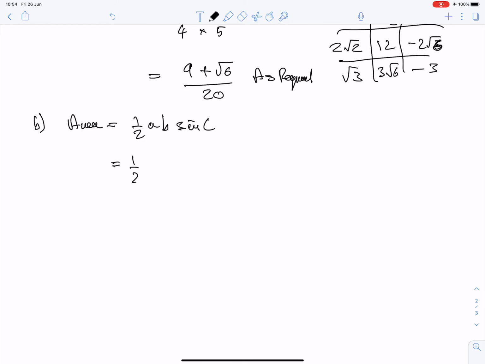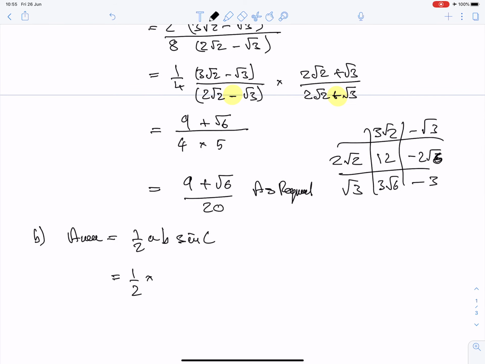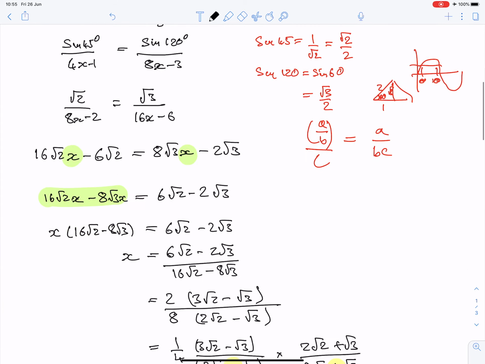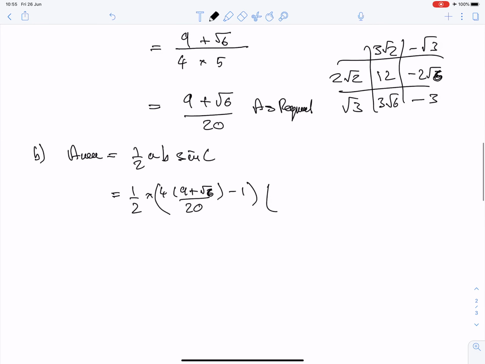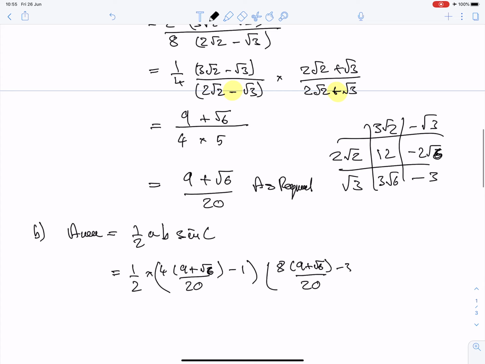So we've got a half of A, which is 4x minus 1, times 4 lots of (9 plus root 6) over 20 minus 1, times B, which is the other side, which is 8 lots of (9 plus root 6) over 20 minus 3, times sine of 15 degrees.